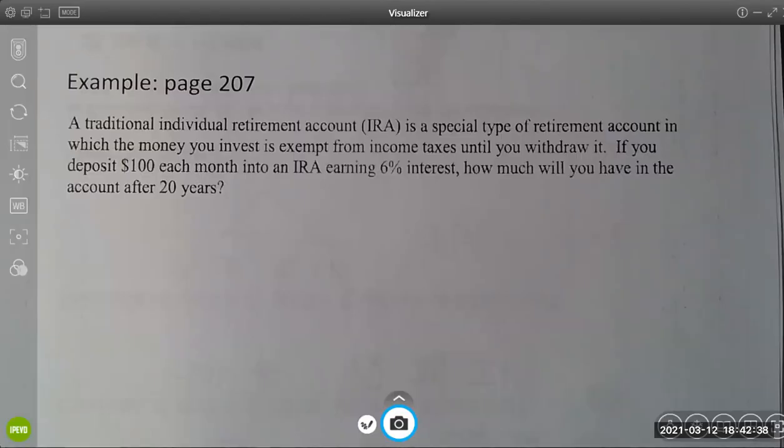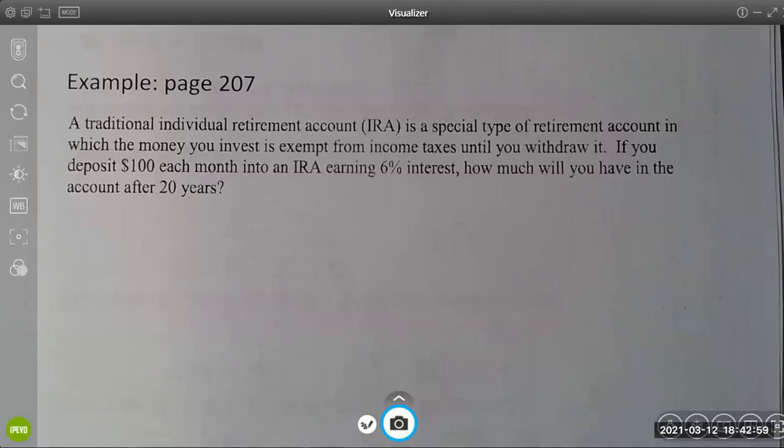After you identify that, there's another issue. You have to be able to tell whether you have a future value of annuity problem or a present value of annuity problem. Since this is the first video, we only deal with future value of annuity problems.